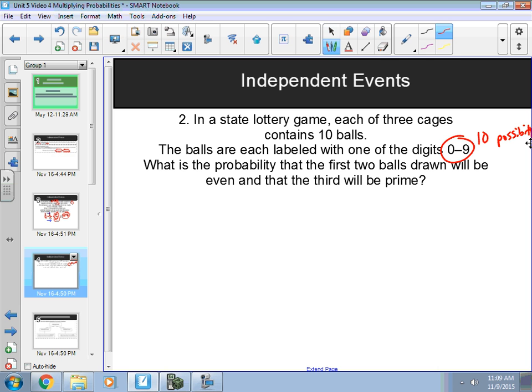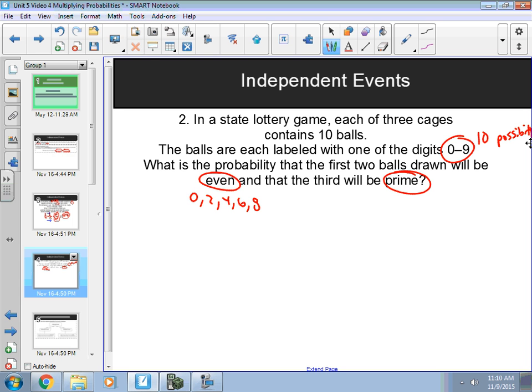We want to look at what makes these true. Even numbers, we got 0, 2, 4, 6, 8, and I guess we're not including 10 here. So it looks like there's 5 things that make that true. Prime numbers, if you recall, are numbers that are only divisible by itself and 1.